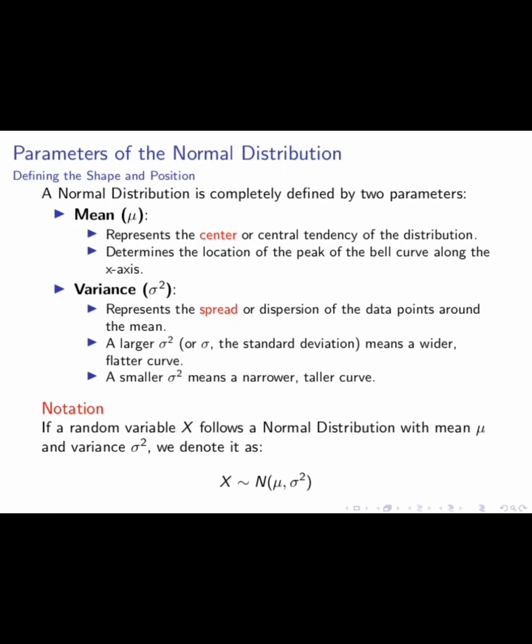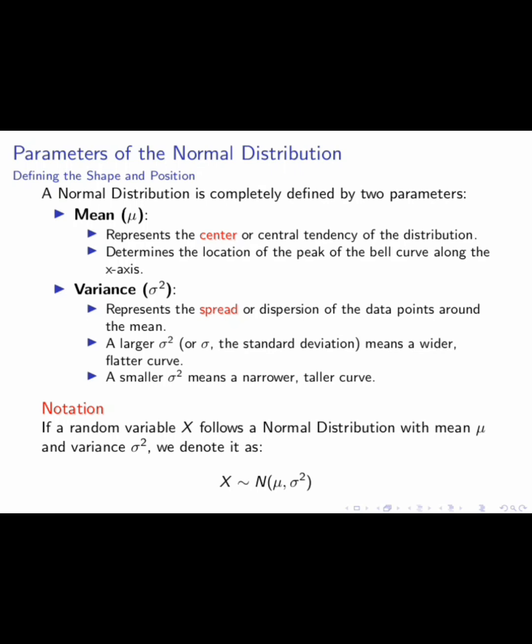The variance is sigma squared. That symbol is sigma, the other one is mu. In notation form, you read it as X is normally distributed with the mean and the variance.